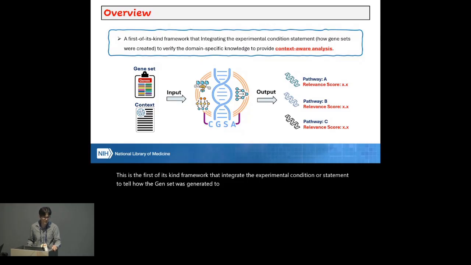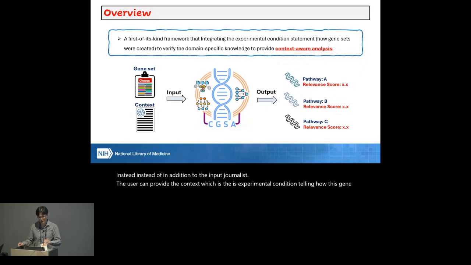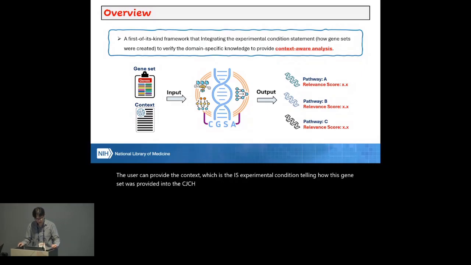In addition to the input gene list, the user can provide the context, which is the experimental condition telling how this gene set was produced, into the CGSA, and the result will be a list of pathways or functions and also the confidence score.